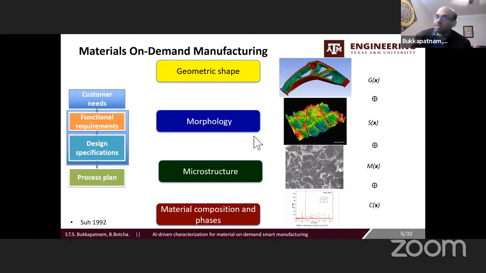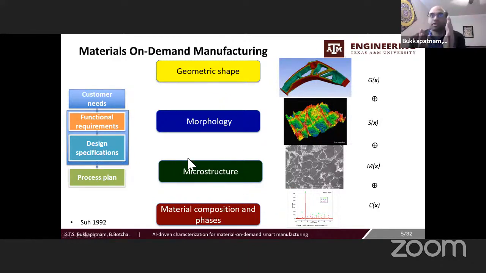We only select them. And most of the engineering design involves generating the shape and to an extent morphology through the use of manufacturing processes. Again, let me repeat. Current design practice essentially involves generating the geometric shape and morphology and just selecting the material.